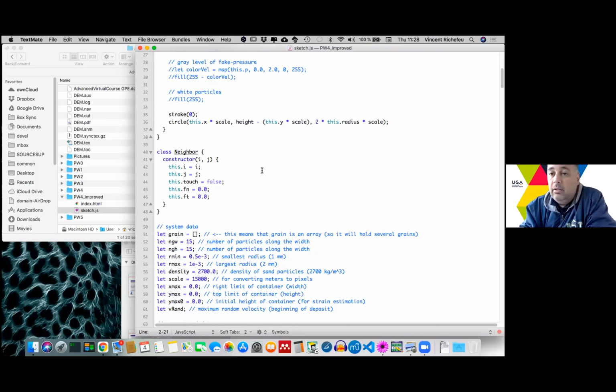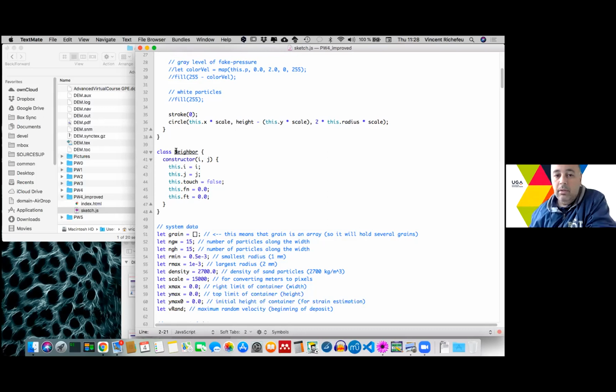And if you do nothing, you have many particles, the computation will be really too long. So one solution is to manage a list of neighbors, a list of particles that are close, that may interact, and to update this neighbor list so that the number of interactions you will have to compute in the code will be a lot less. Okay, so in this version of code, I've got a list of neighbors.